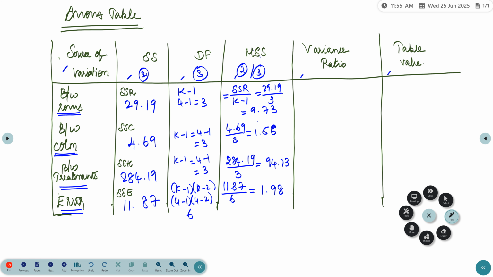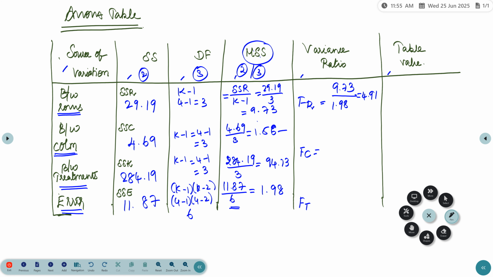Next we are going to calculate the variance ratios: FR, FC and FT. FR compares the mean sum of squares with the error. The formula is 9.73 divided by 1.98, and the answer is 4.91.